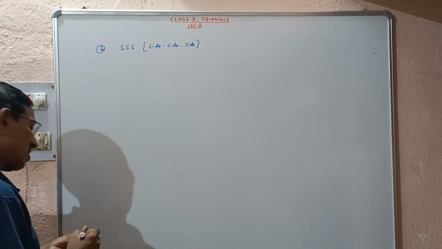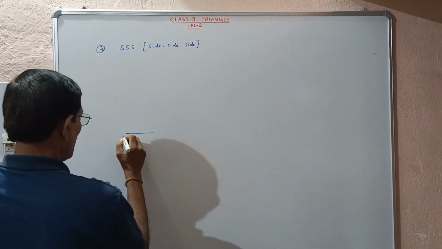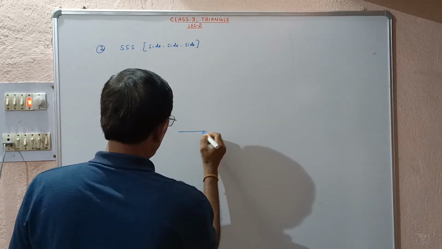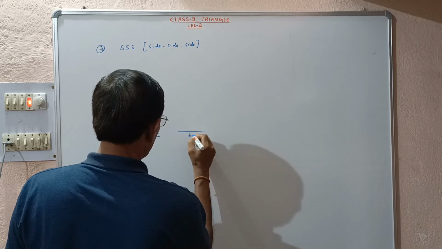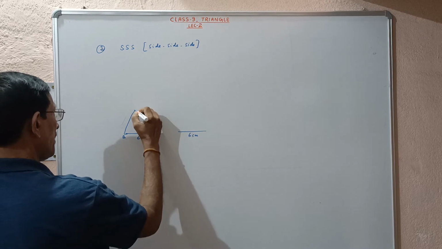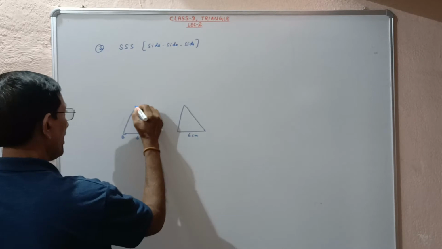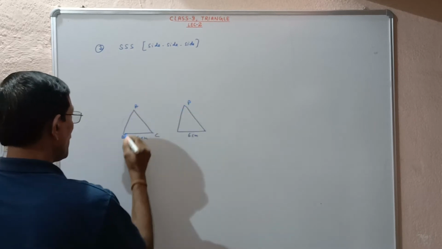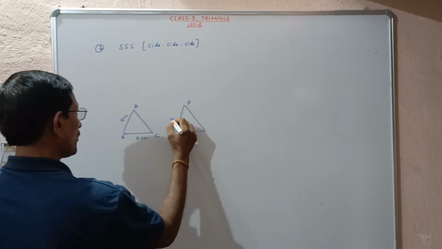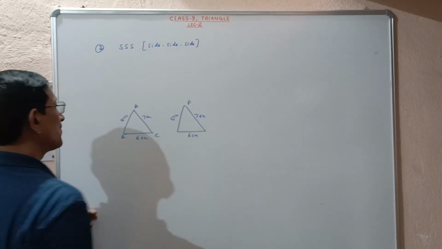That means if we construct two triangles such that BC is 6 cm, and in another triangle PQR, QR is 6 cm; in triangle ABC, another side is 5 cm, and it is also 5 cm in PQR; another side is 7 cm, and it is also 7 cm.